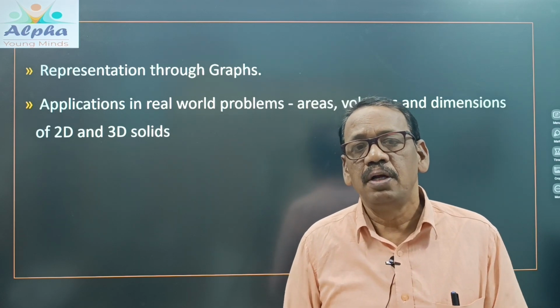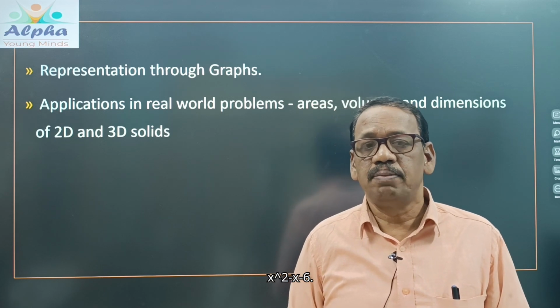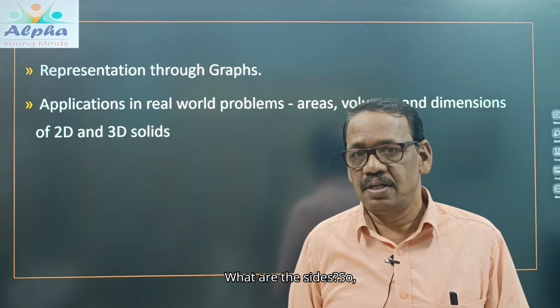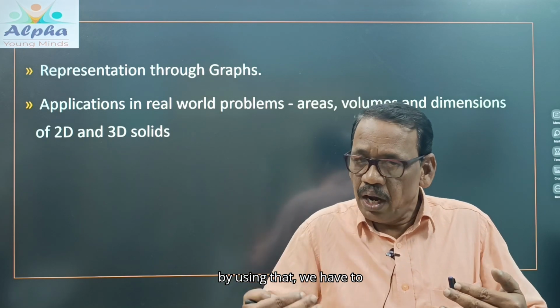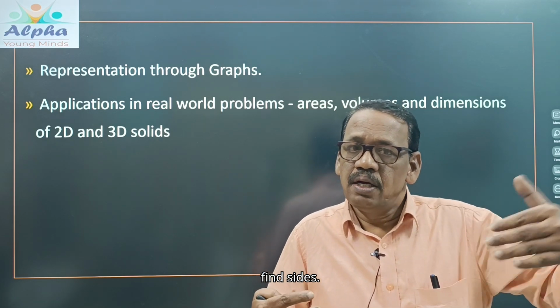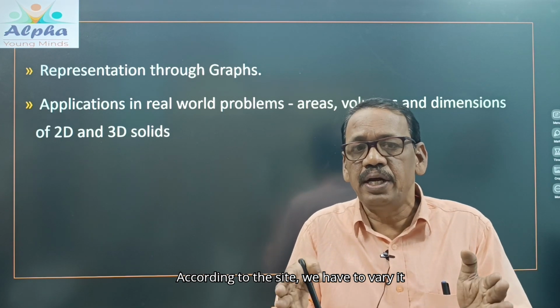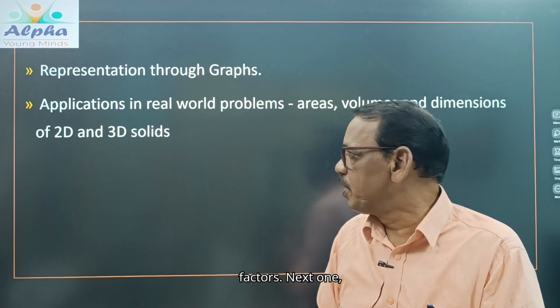For example, the area of a square is x square minus x minus 6. What are the sides? By using that, we have to find the sides. According to the sides, we have to determine whether it is a square or rectangle based on the factors.